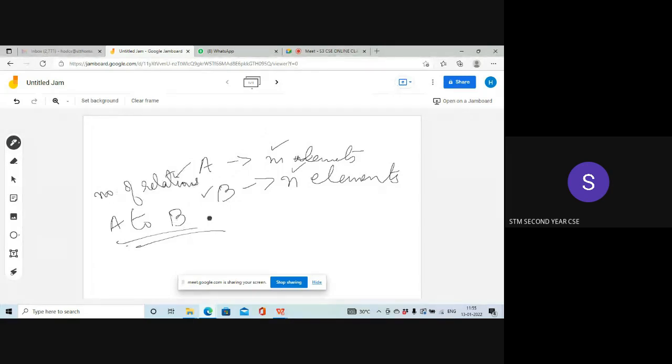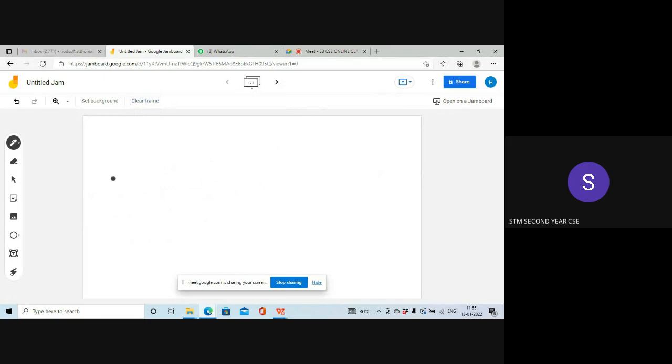How will you find the number of relations from A to B? If a set A has m elements, then the cardinal number of A is equal to m, isn't it? And if the set B has n elements, then the cardinal number of B is equal to n, isn't it?